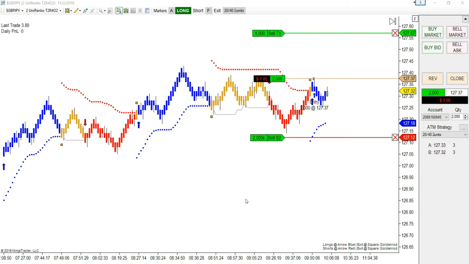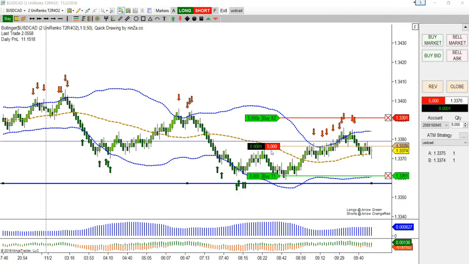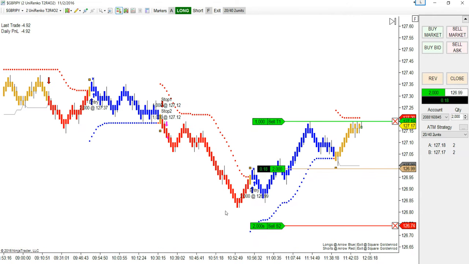I guess we're waiting on news or something, so it's been pretty slow, moving back and forth. So I have a system with the Canadian dollar, with the Unirinkos, with the Bollinger Band setup, which has been, you can see the range is barely nothing. So it's been capturing quite a few pips.